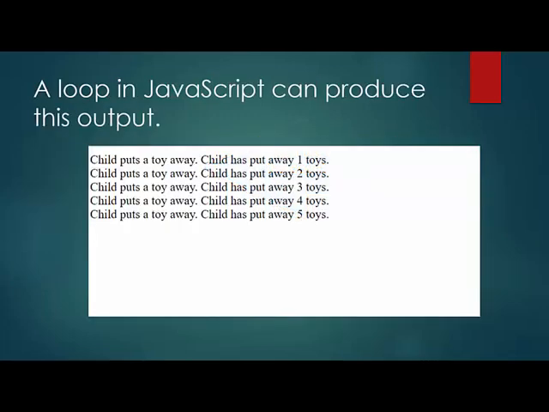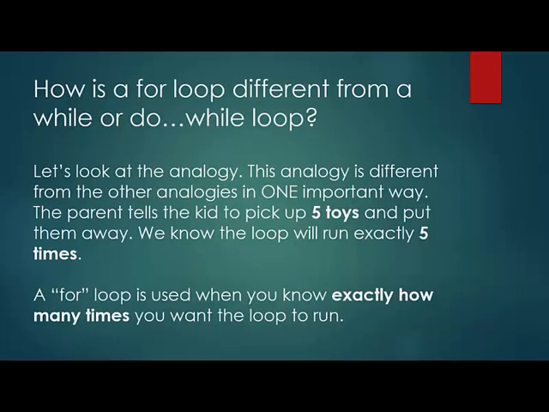So a loop in JavaScript can produce this output. This is exactly what we just did with the for loop. How is a for loop different from a while or do-while loop? If you look at the analogy, it is different from the other analogies in one important way.